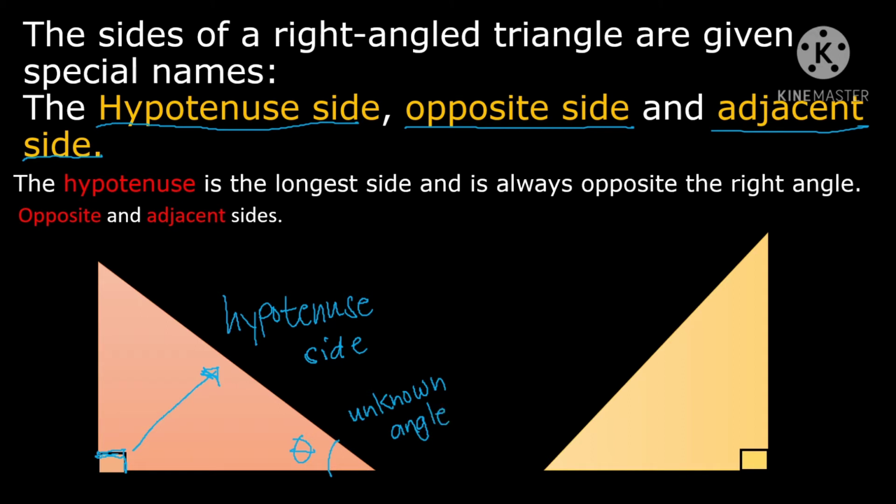So, kung andito yung reference angle nyo, yung opposite side niya po, yan. Ito yung tinatawag nating opposite side. And then, yung katabi niyang side ng reference angle nyo, aside dito sa hypotenuse, ito yung tinatawag nating adjacent side.